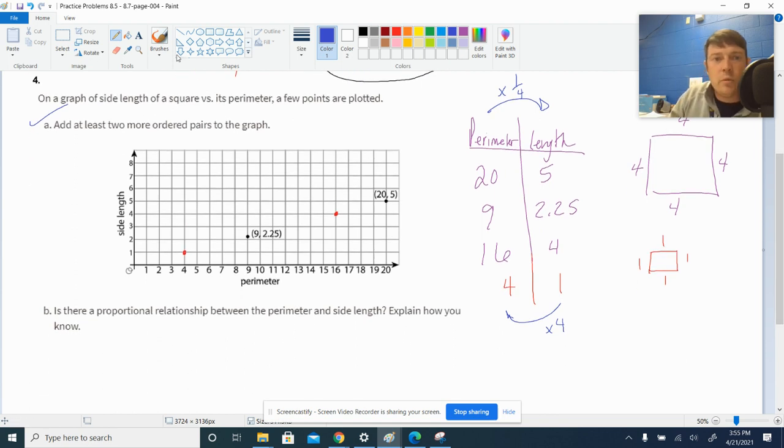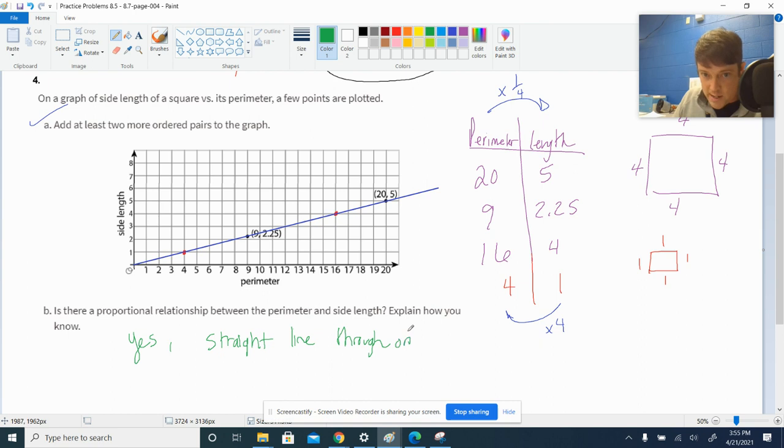Is there a proportional relationship? And I'm going to check it right now. Does it make a straight line through the origin? Yeah, buddy. You better believe it. It's got yes written all over that one for a couple of reasons. Straight line through origin, right? That's one reason.